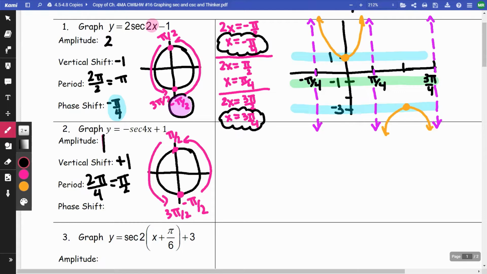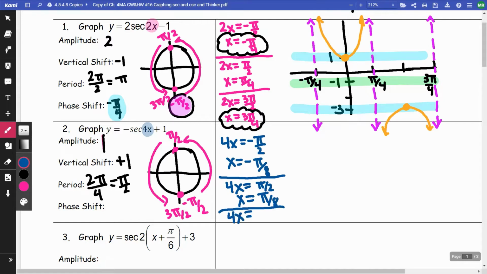And my phase shift, so to find my phase shift, what I'm going to do is take 4x and set that equal to where I should normally start, which is at negative pi halves, and I'm going to get x is equal to negative pi eighths. Then when I set equal to a positive pi halves, I'm going to get a positive pi eighths.